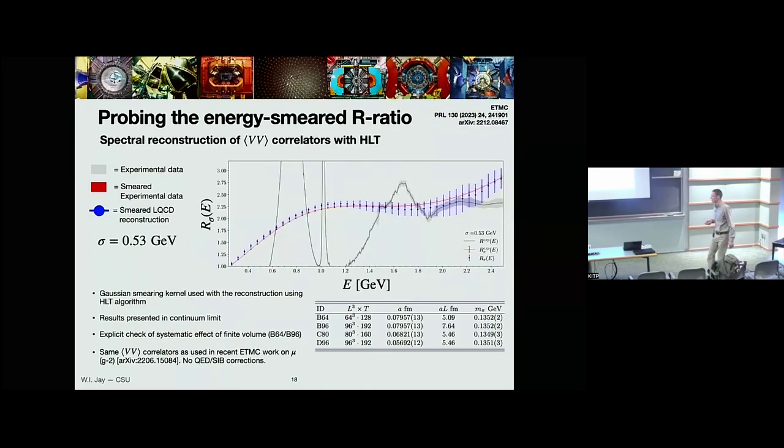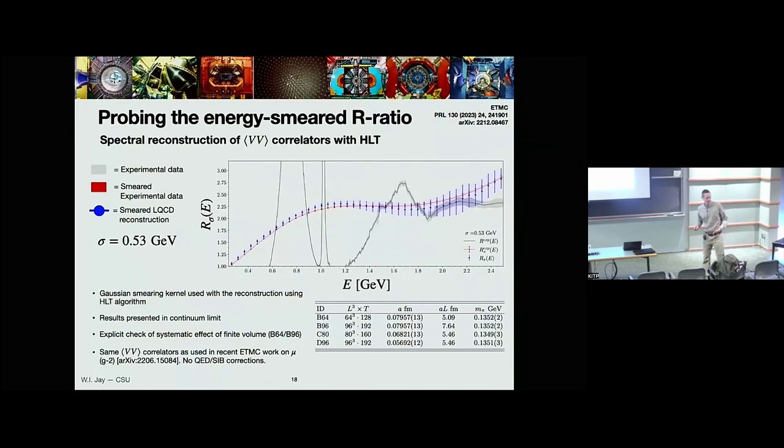Let's walk through what the plot is. In the gray in the background is the R ratio that I plotted earlier. You've got the peak from the rho and the omega, the phi, and then the shoulder or hump from the rho prime. If you take that experimental data and convolute it with a Gaussian smearing kernel with a width of about half a GeV, what you get are the red data.